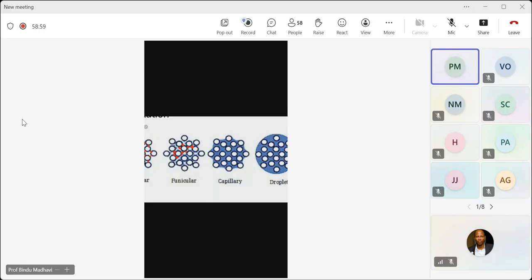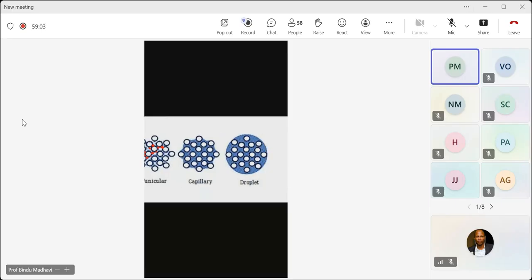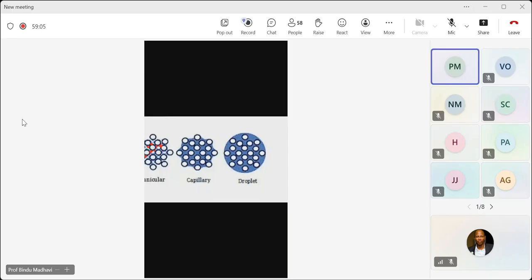If you add more liquid binder, it enters the droplet stage. The final stage of granulation is called the droplet stage. At the droplet stage, the particles start floating in the liquid binder.